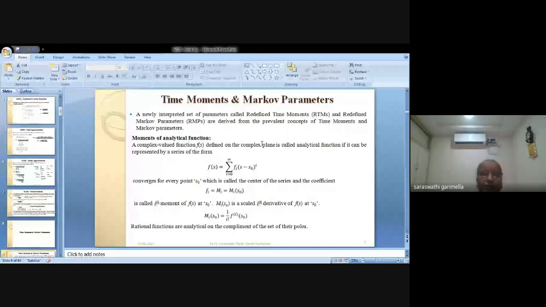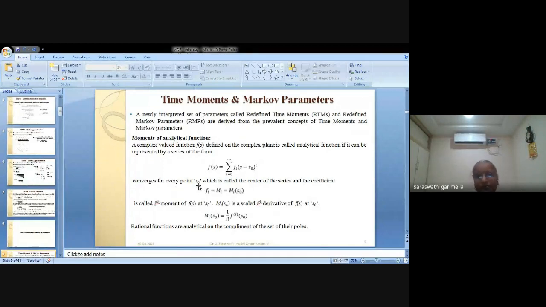If you consider an analytical function, a complex valued function f of s defined on the complex plane is called an analytical function if it can be represented by a series of the form f of s equals sigma i is equal to 0 to infinity f of i times (s minus s0) to the power of i, which converges for every point s0.